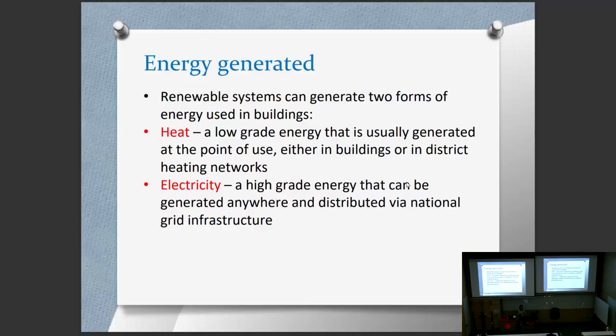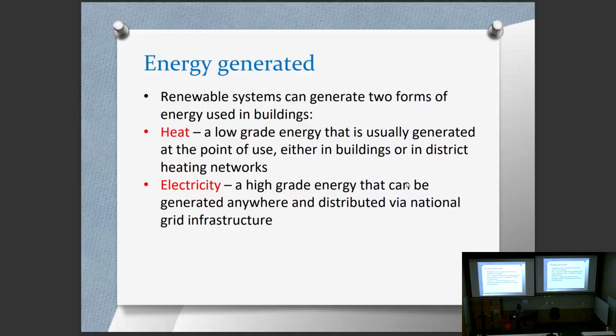So heat, like by harvesting solar energy to heat up water for showering, for domestic water heating. So this is renewable energy, right? The sunlight is renewable energy, and by using the sunlight, we use it to heat up the water. So this is for providing heat energy, right?